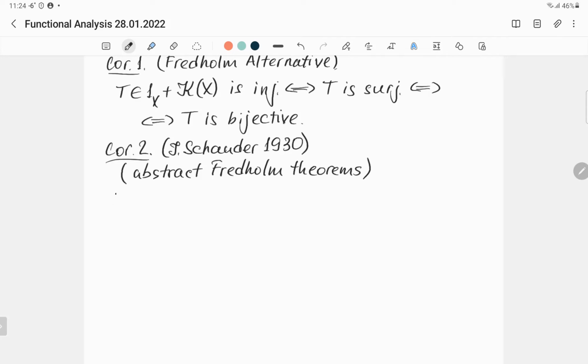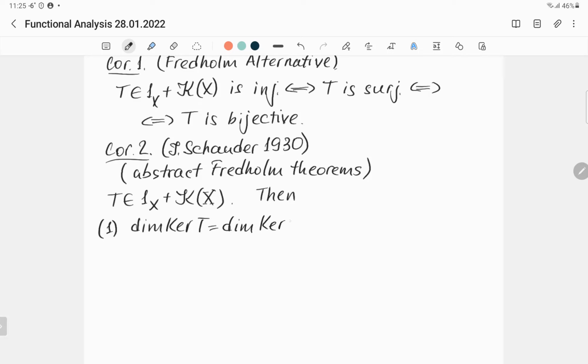Again, we suppose that T is an operator of the same form, the identity map plus a compact operator. Then, first of all, the dimension of the kernel of T is equal to the dimension of the kernel of T star, and these spaces are finite dimensional.